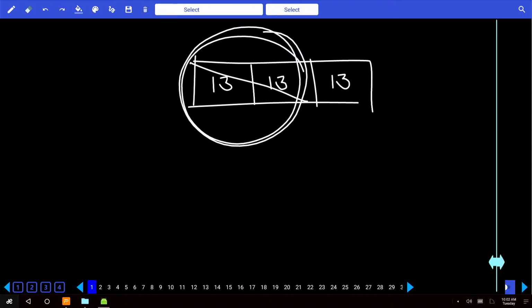Now, think about the first 2 items. Those 2 are sold at a profit of 5%. But on each, how much are you expecting? 13. But you got only 5. How much more do you need? 8 more. So on the first item you need 8 more, and on the second item also 8 more.